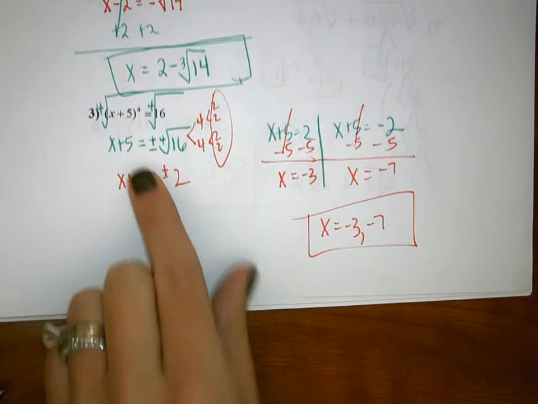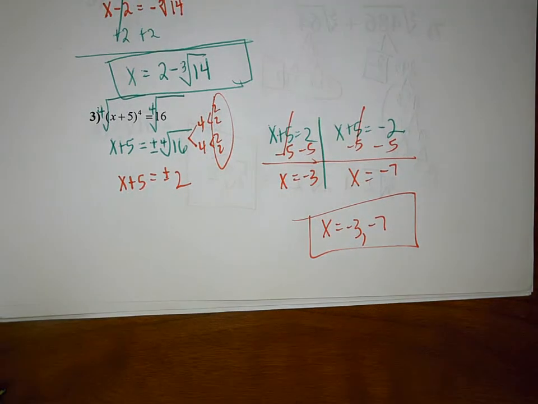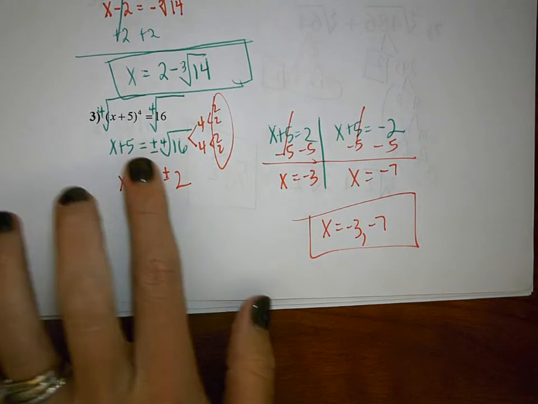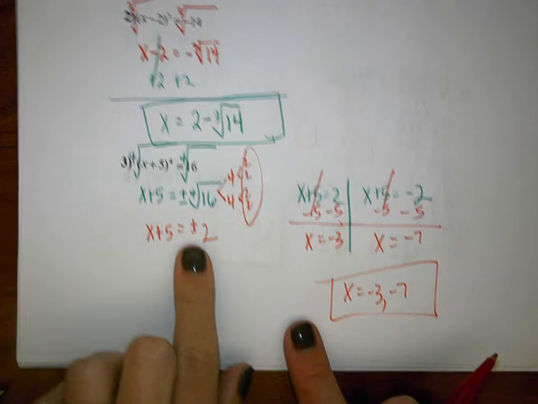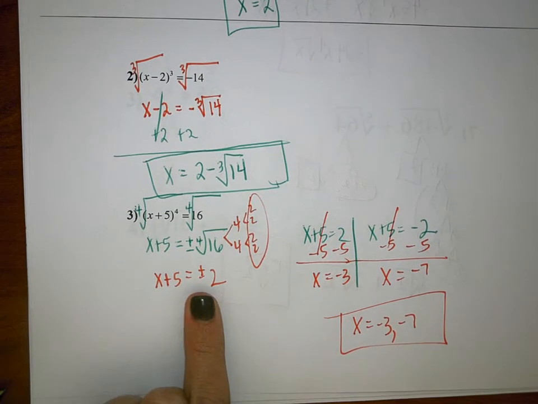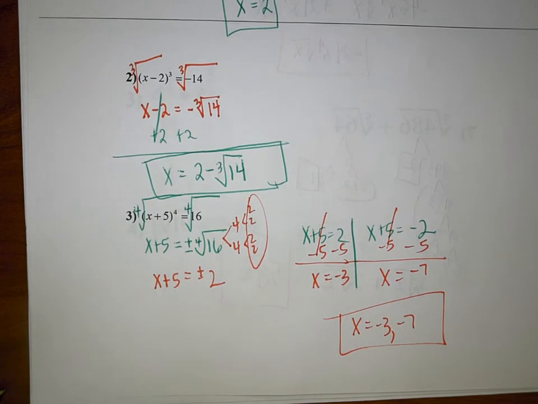I'm asking a question, don't say it out loud, I'm going to pull a stick. Why did I have a plus or minus on this one and not a plus or minus on example 2? So again, why did I have a plus or minus on 3 and not on 2? Camille.